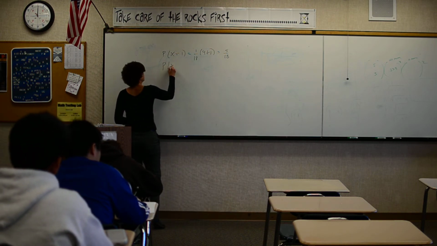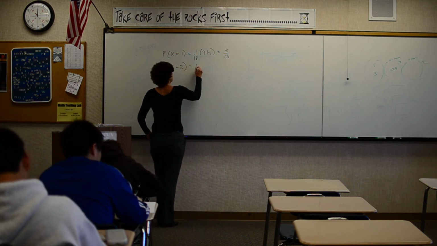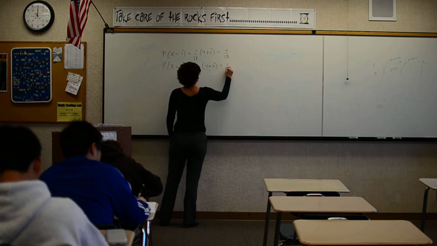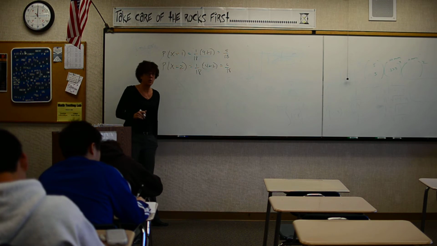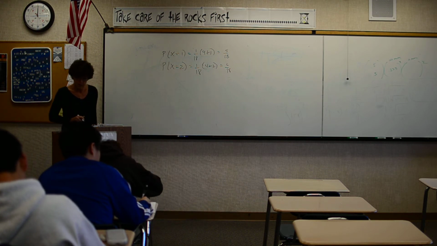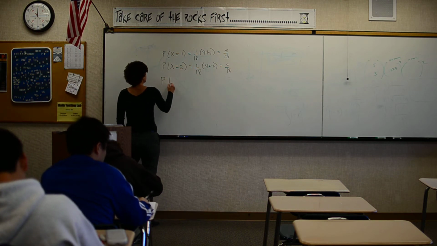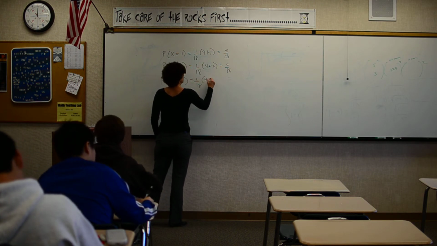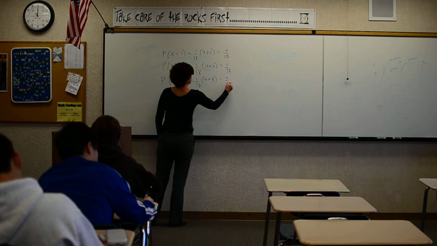Probability that x is 2 is 1/18 times 4 plus 2, which is 6/18. And no, I'm not going to reduce that. Probability that x is 3 is 1/18 times 4 plus 3, which is 7/18.